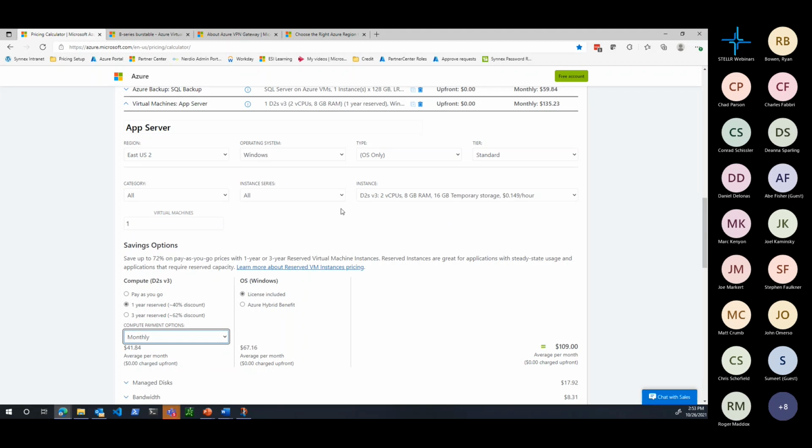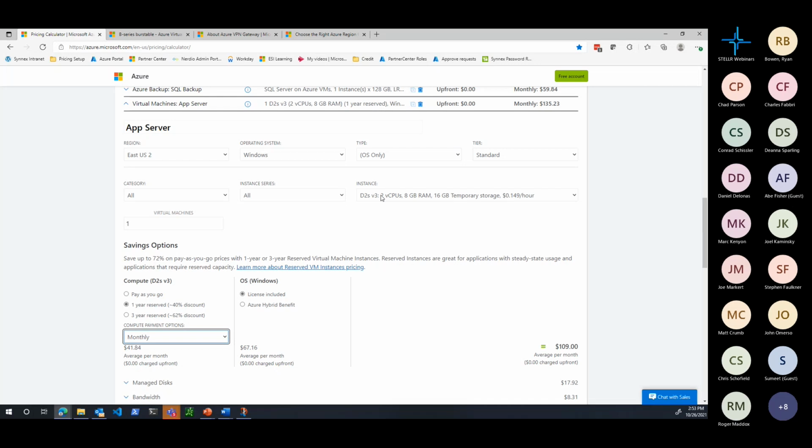So you can't turn it off and get an extra savings of not running a machine. If you do turn it off, it will try to move the reservation to another machine that might be in that same series. The way reservations work is you have to be in the series and in the same region.